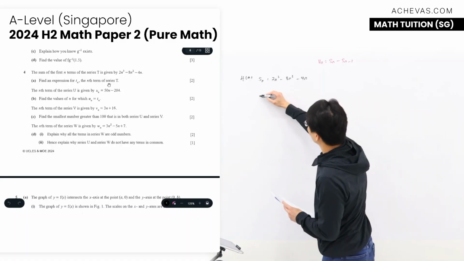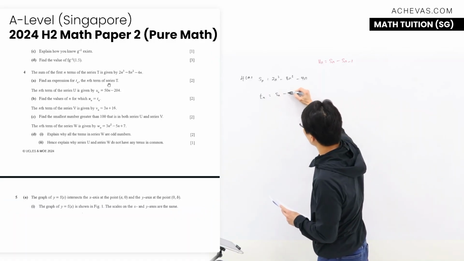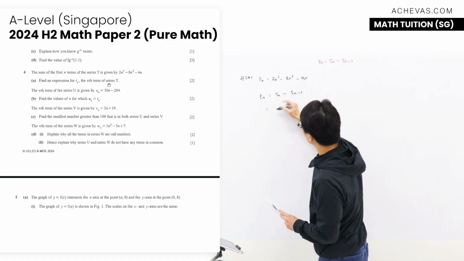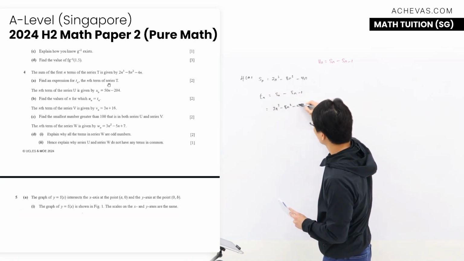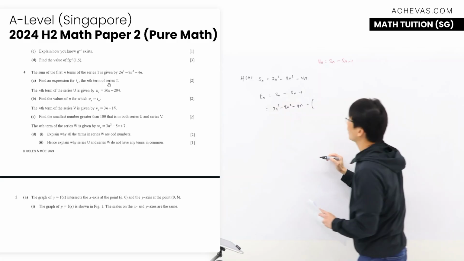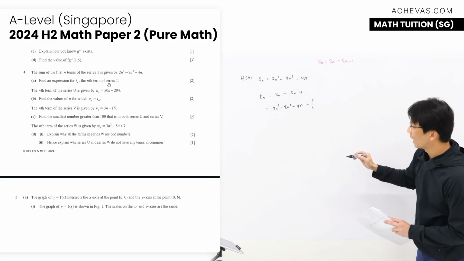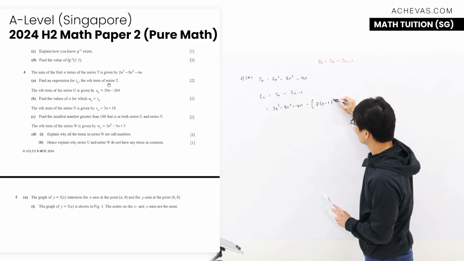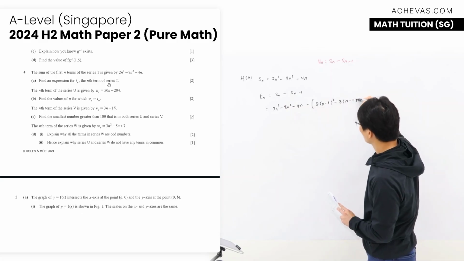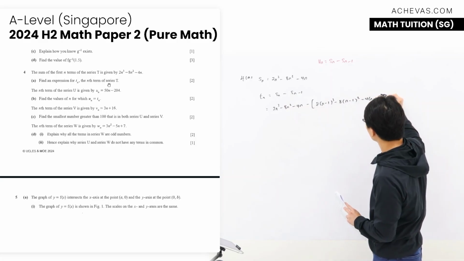So we have Tn equal to Sn minus Sn minus 1. Sn we have here, which is 2n cubed minus 8n squared minus 4n. I'm going to subtract away Sn minus 1, whereby I replace all the n with n minus 1: 2(n minus 1) cubed minus 8(n minus 1) squared minus 4(n minus 1).